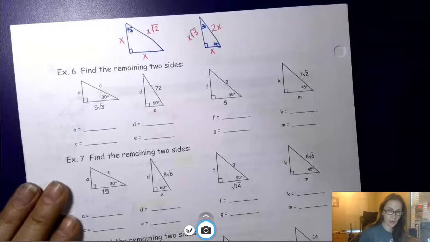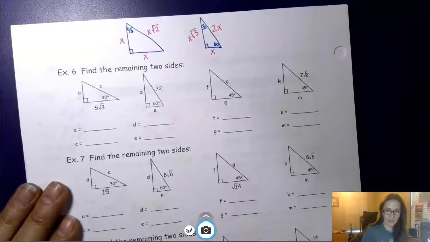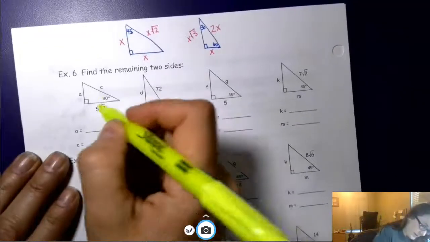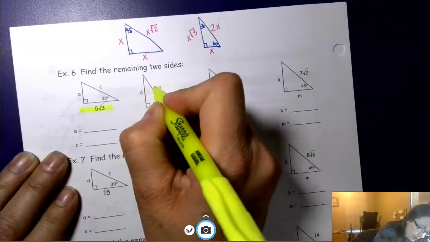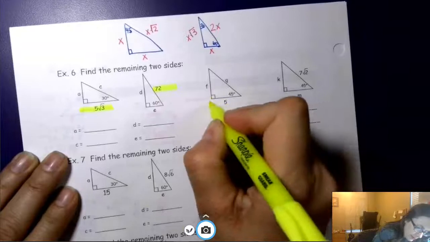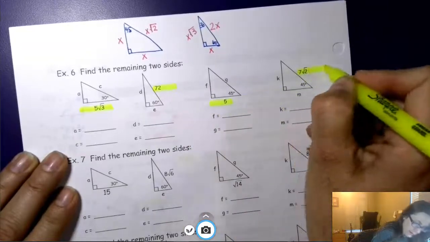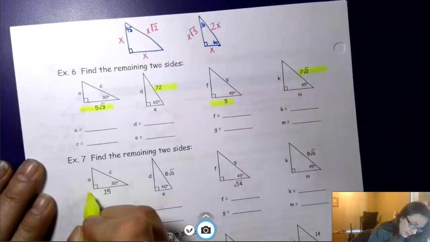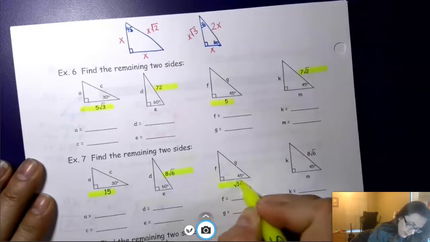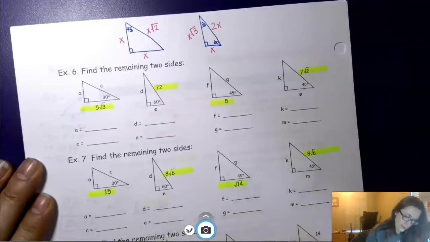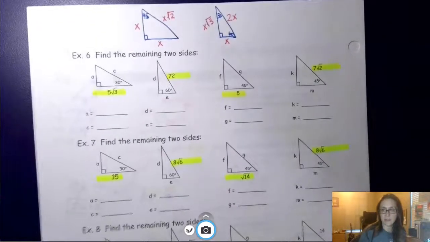That's going to be where your equation is, and you're going to be working from that side to get your answers. So I'm going to set up an equation here, here, and here, and here, here, here, and here. So that's where my equations are going to be set up.